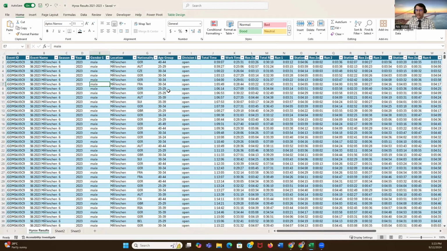What I'm going to be looking at is the average for different categories across the different working stations, the running, in addition to the time. This helps people get an idea as to where they need to be ability wise to enter a Hyrox event and potentially perform well in it.